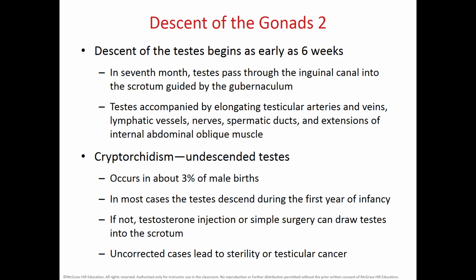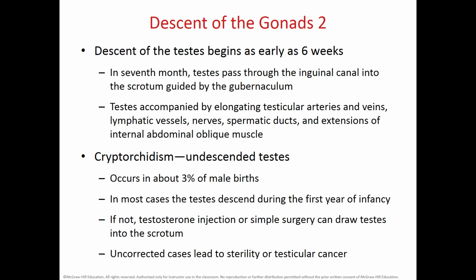As the testes descend, the testicular arteries and veins, lymphatic vessels, nerves, and spermatic ducts also descend. If the male doesn't have the testicle descending, this condition is called cryptorchidism. This affects around 3% of male births. Usually it's unilateral, but it can be bilateral.